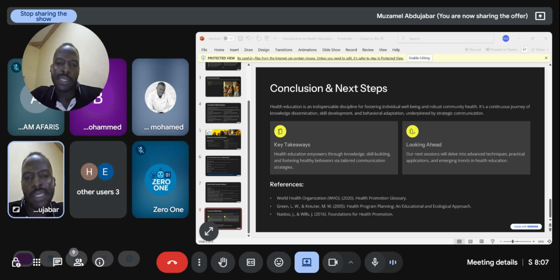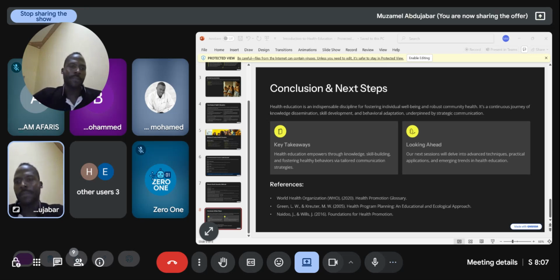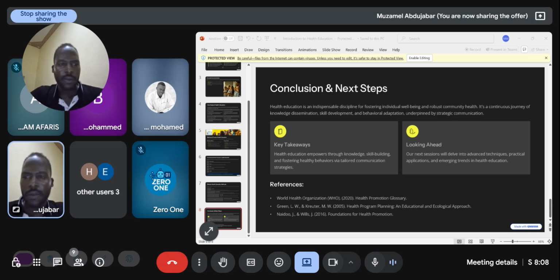There are two key takeaways: health education empowers through knowledge and skill building, and fosters healthy behavior via good communication strategy. With good communication, we can empower the health of the community and of individuals.